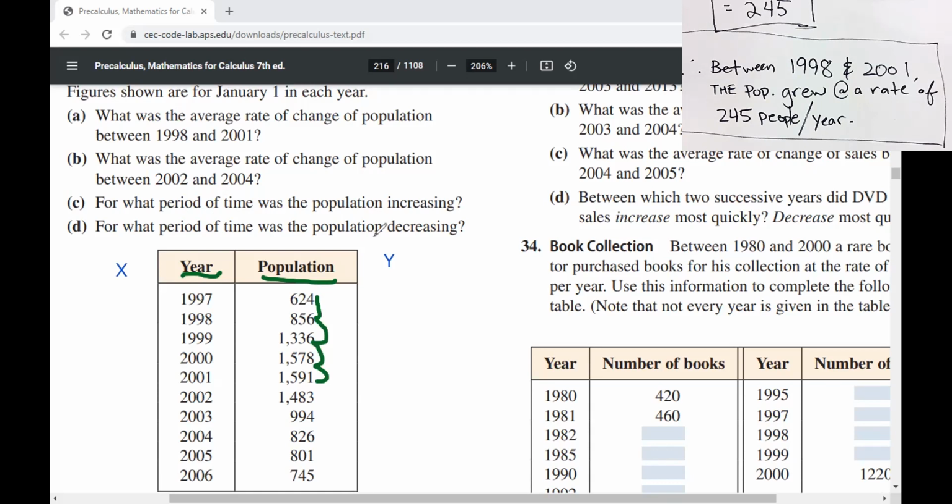From what period was the population decreasing? From 2001, drop, drop, drop, drop, drop, right? So from 2001 to 2006. So it's just deciphering, can you guys read the graph? All right.